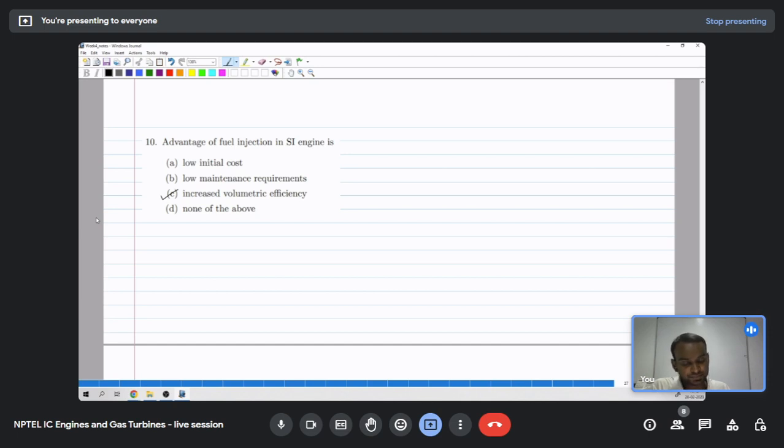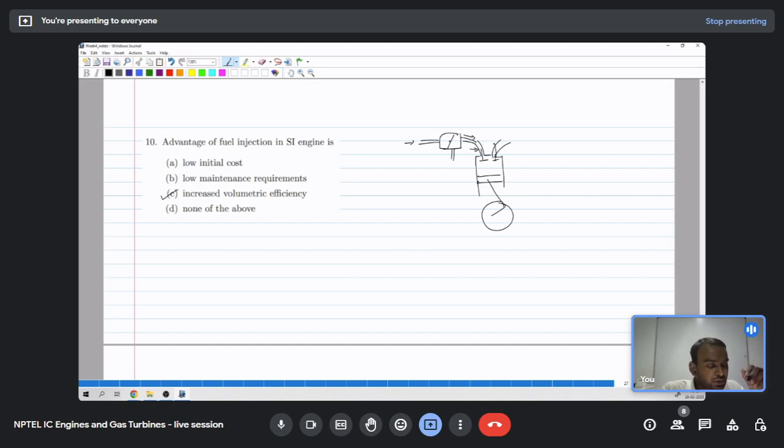Okay. In case of a carbureted SI engine, or not only carbureted, but even for a port fuel injected engine, we have a throttle body here, which restricts the air coming in, and fuel is fed through here, or fuel is injected here, right?